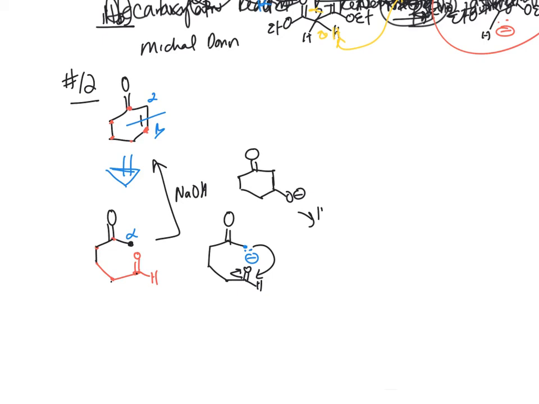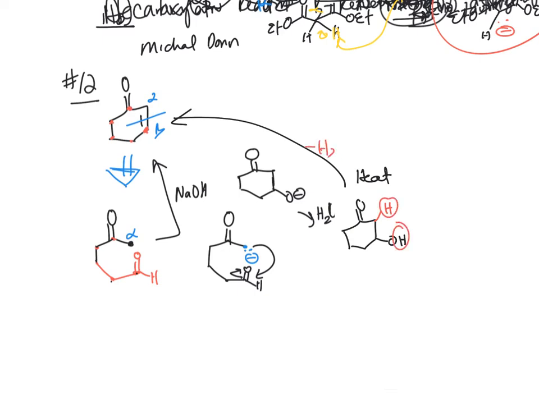That would get protonated to make your beta hydroxy, and then heat would make you lose the water to make that product. Okay, so that's how you make that.